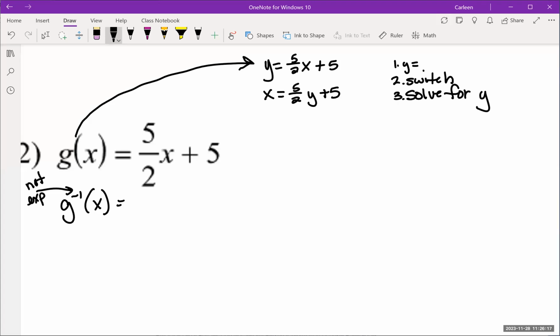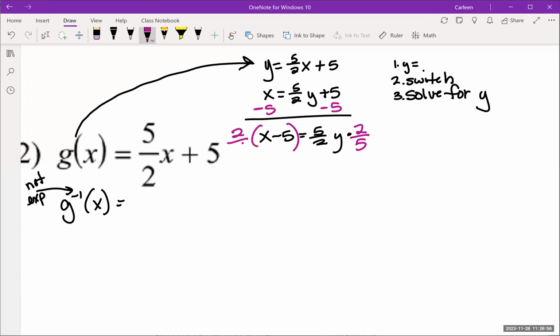Okay, so to solve for y, the process of solving for y is to do the inverse of each one. Next step, subtract 5. Yeah, do you see how the inverse is appearing? Okay, so I'm gonna multiply by the reciprocal. So I'm gonna multiply by 2, divide by 5.